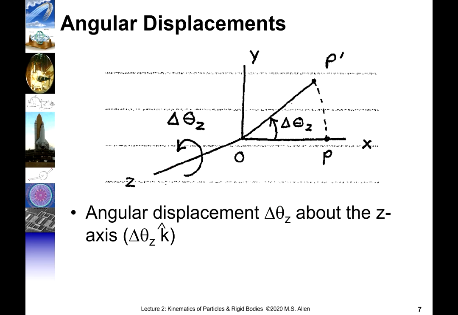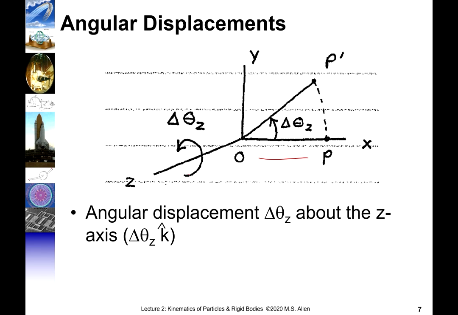When we get to angles, though, we're going to see that all of this becomes more complicated. So here's an example of an angular displacement. We're rotating this bar, OP, about an angle theta z.